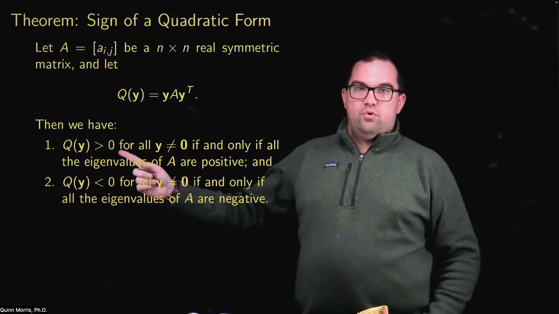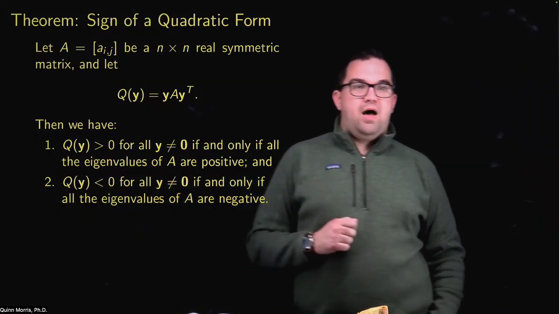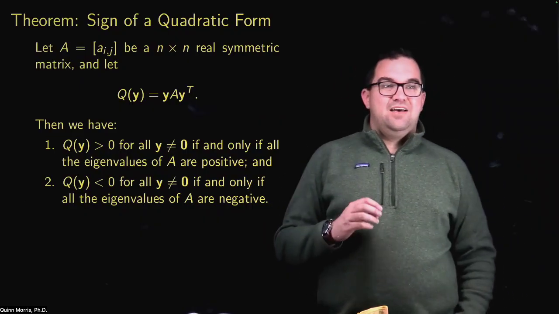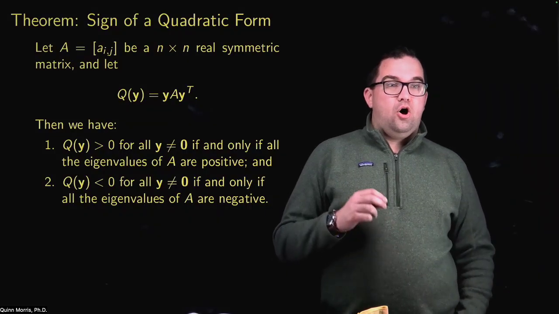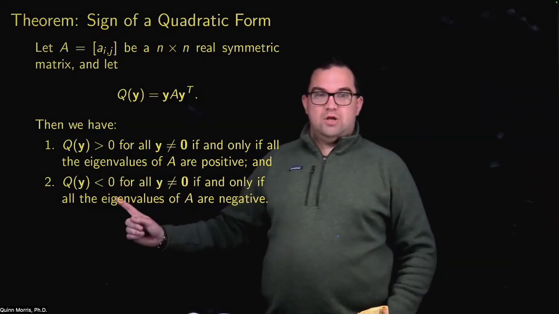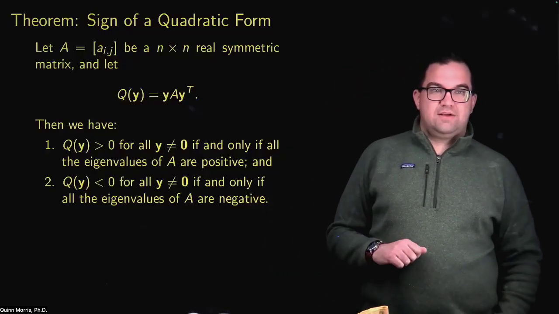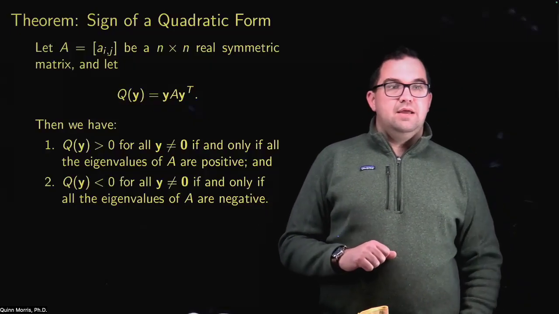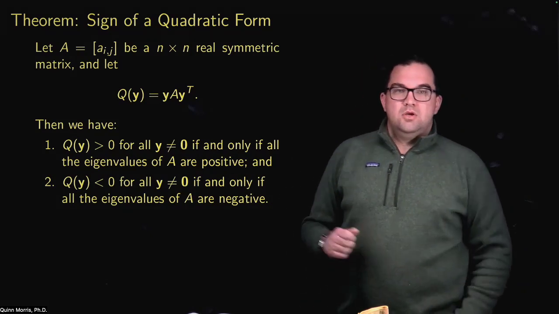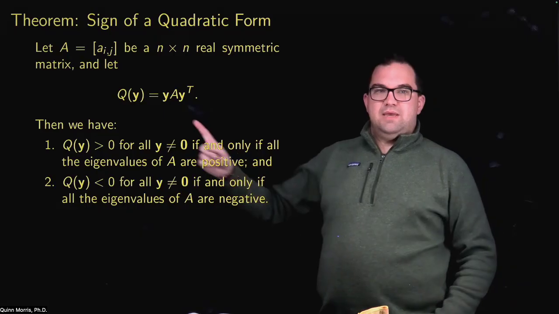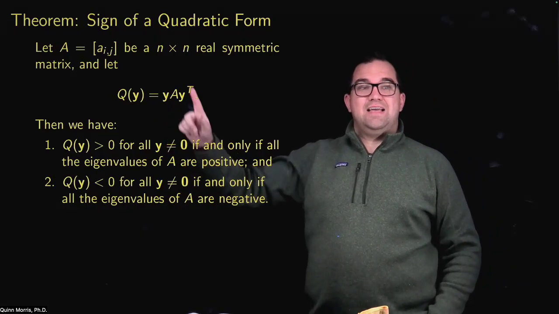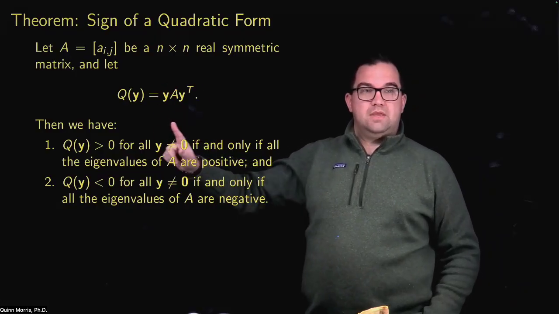The quadratic form Q of Y will be positive for all non-zero vectors Y if and only if all of the eigenvalues of A are positive. And the quadratic form will be negative for all vectors Y not equal to 0 if and only if all the eigenvalues of A are negative. So this theorem gives me a connection between information about the matrix A and the sign of the quadratic form.